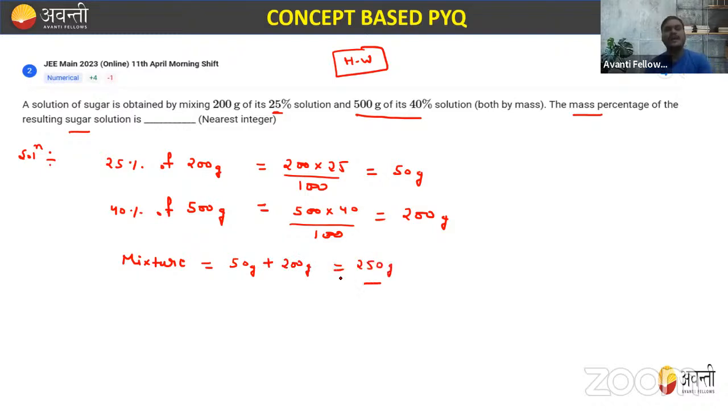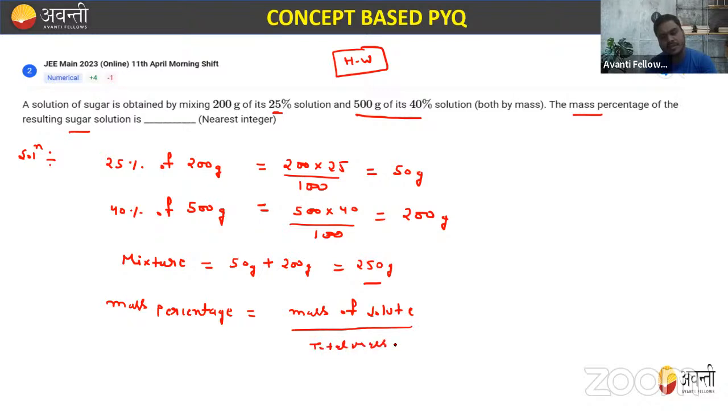Now, how will you find the mass percentage? We know the formula for calculating the mass percentage: mass of the solute divided by total mass of the solution, multiplied by 100.